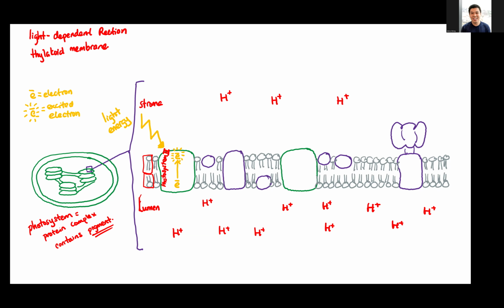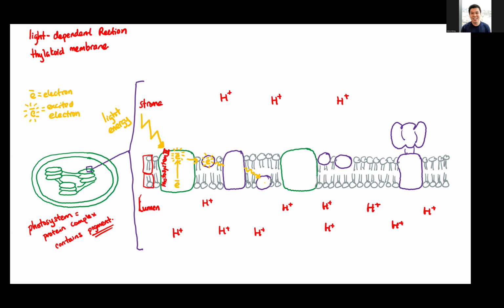This excited electron is due to pigments in photosystem 2 absorbing the energy from light. Excited electrons will get shuttled by the surface protein across the membrane. So it's just going to start moving along the membrane and it gets shuttled by the protein.